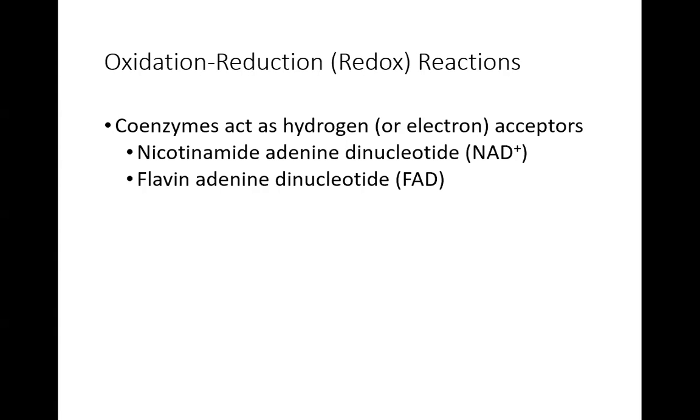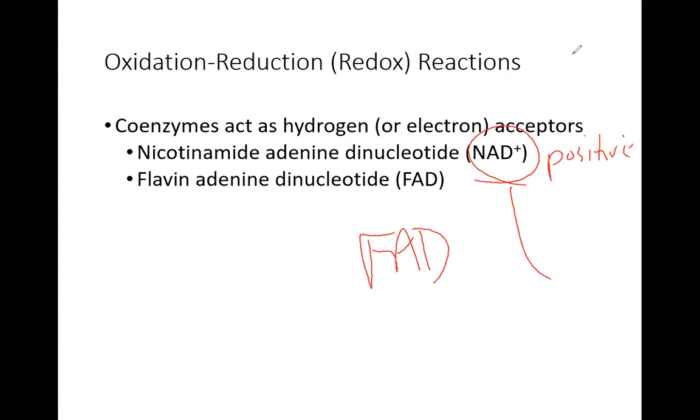We use a couple of coenzymes, and the coenzymes that our bodies use are NAD+ and FAD. NAD+ has a positive charge on it, and it will accept 2 electrons. It'll take 2 electrons and 2 hydrogens.